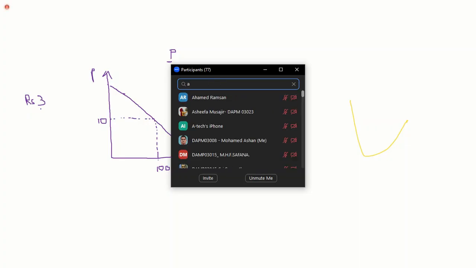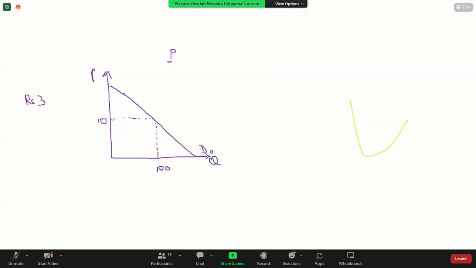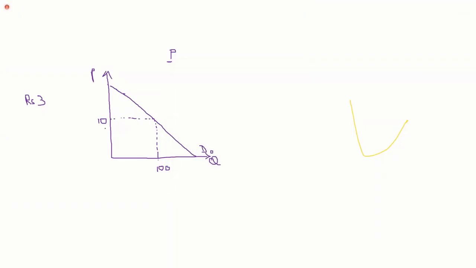So this tax is borne by both parties, both the consumers and the producers. Although this is the price the consumers pay in the market, how much will the producers get?